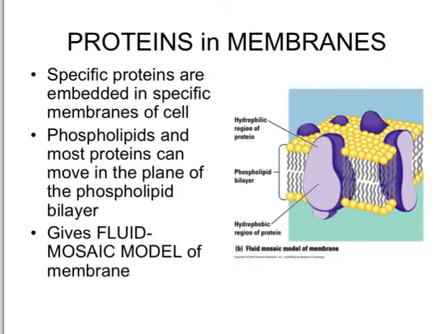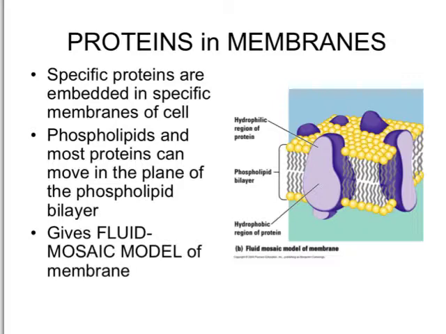Now, along with the phospholipid bilayer in membranes, there are also many proteins found amongst the phospholipids. They're specific proteins for specific jobs. The interesting part is that they're not fixed in the membrane. They can actually move around in the plane of the phospholipid bilayer.